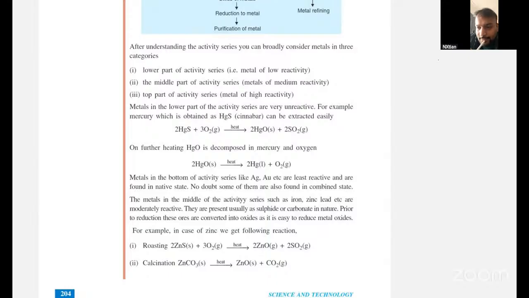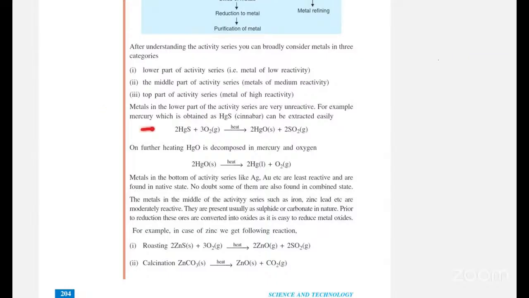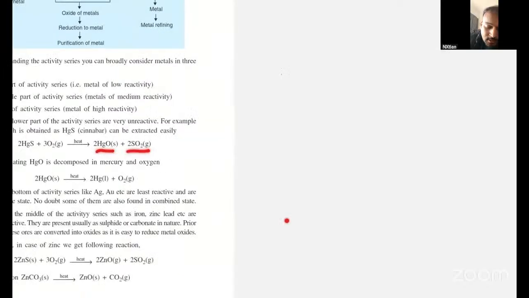2HgS + 3O2 heat gives 2HgO + 2SO2. This is the correct reaction. Everyone please pay attention. If I take HgS, it is a sulfide ore.